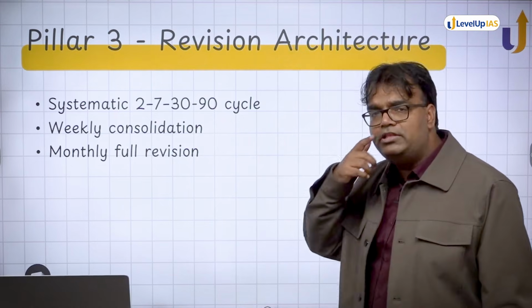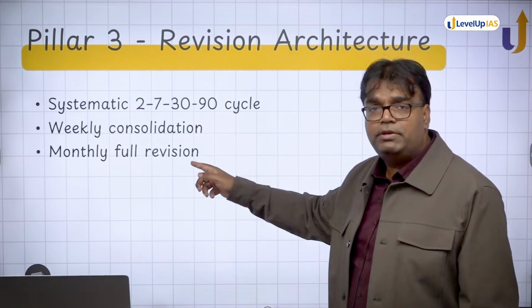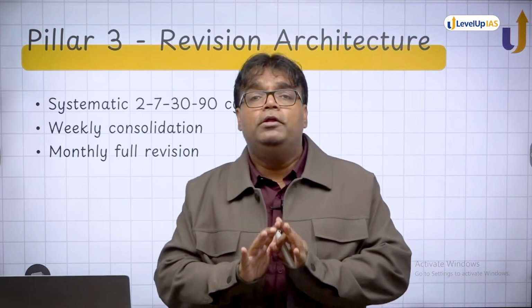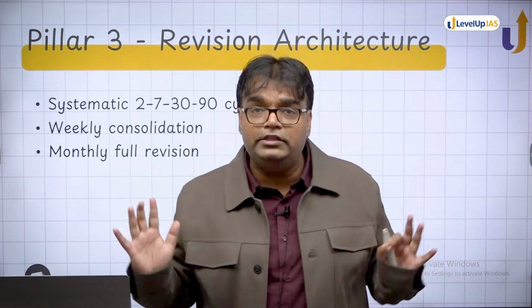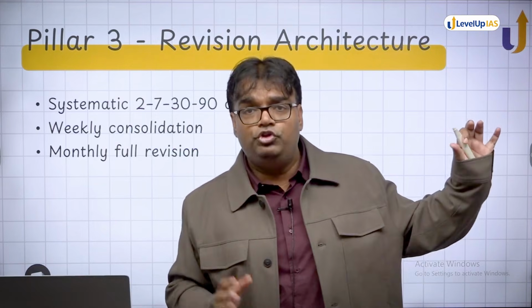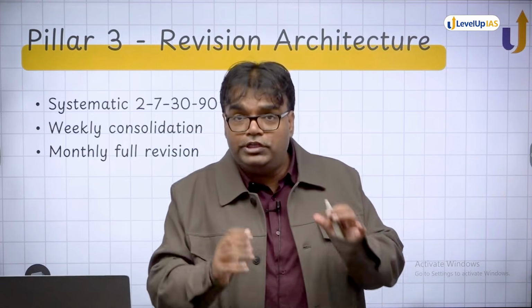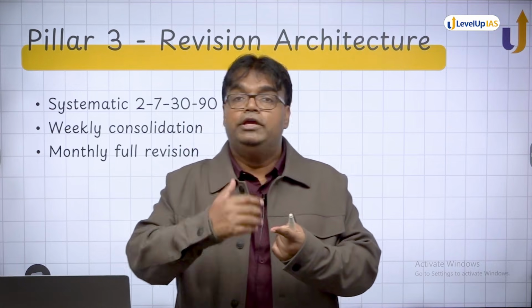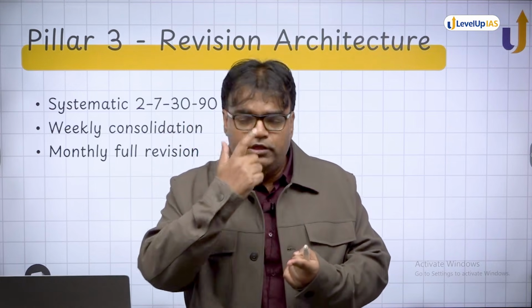And similarly in the monthly cycle, you should be taking 1 or 2 days of break, and the whole purpose should be not reading anything new. The purpose should be revising everything that you have done in the last 1 month. So when you keep doing this, you'll attend classes or you'll read books, whatever mechanism you may follow.